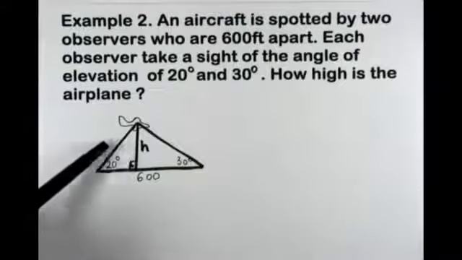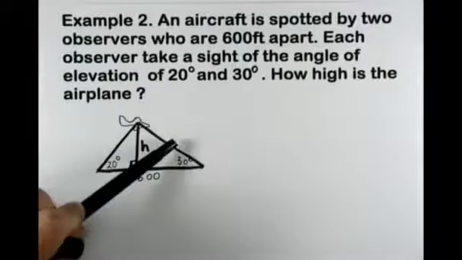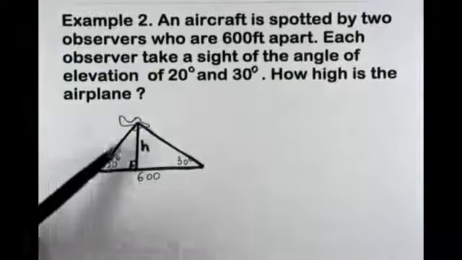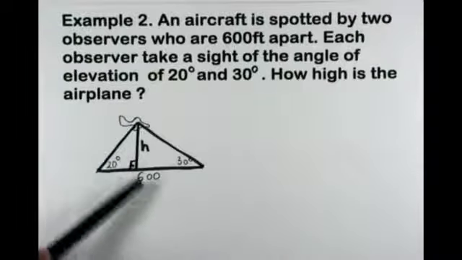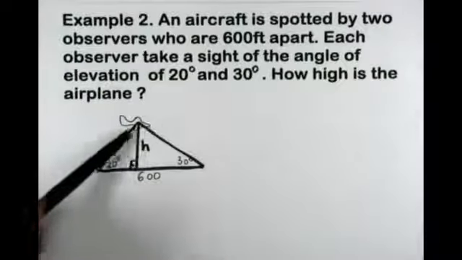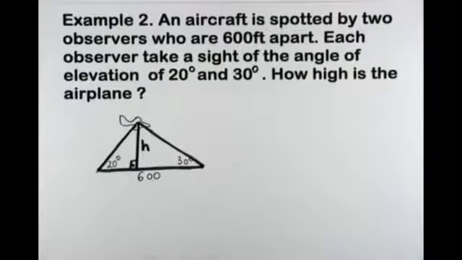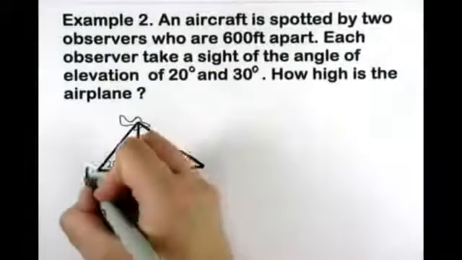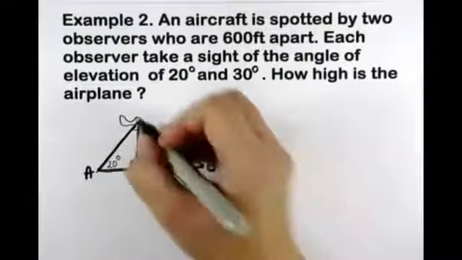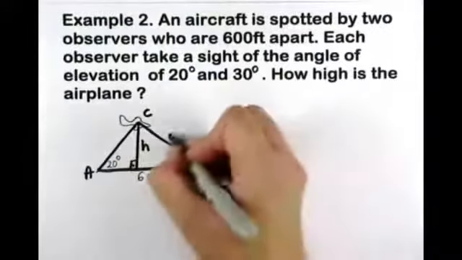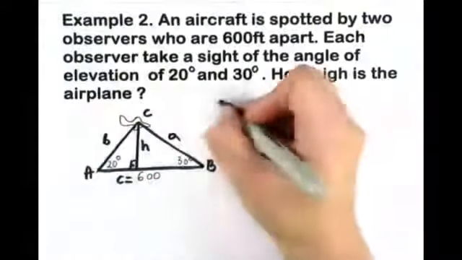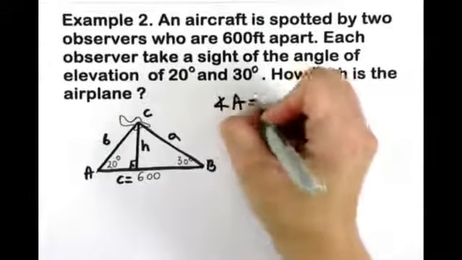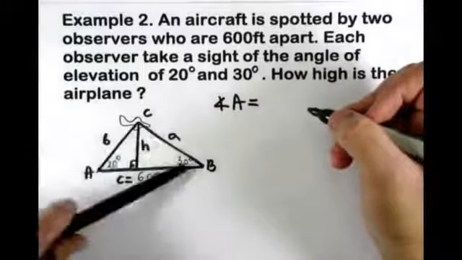So in order to find that height, first we need to find one of those sides, either this or this, and then we can use the right triangle. So we want to use sine law, so we do need to find that angle between them. I'm going to call it A, B, and C. Opposite A is A, opposite B is B, and this is my C. So angle A is nothing else but the sum of angles.